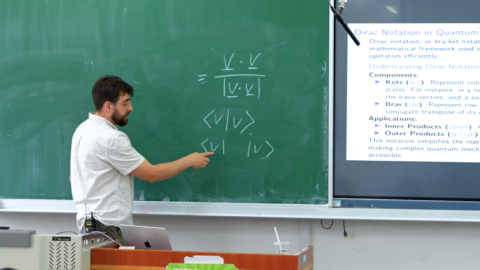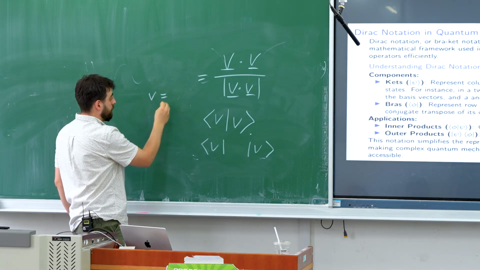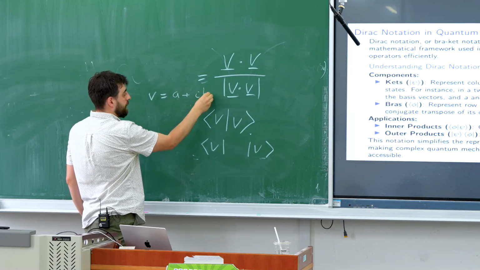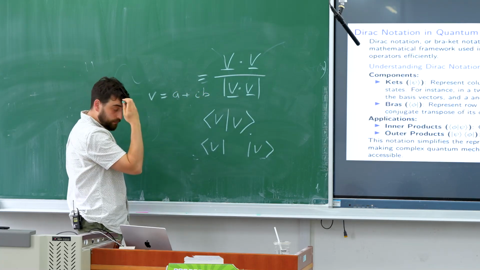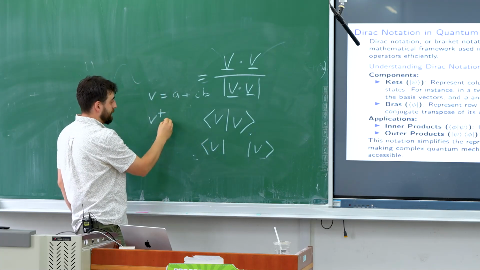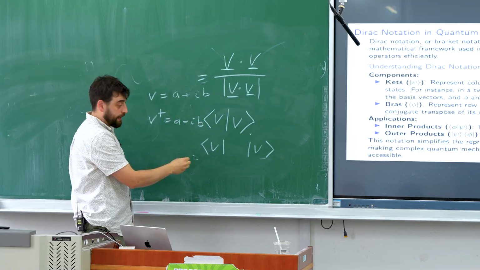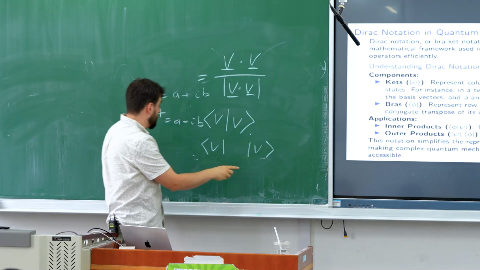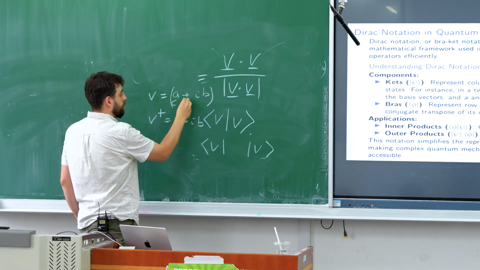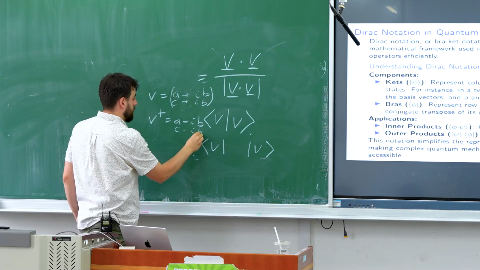So if these are complex numbers, say V is a scalar, and V is, let's say, a plus ib, a complex number. The conjugate transpose just means that if we have a vector with c plus ib, this becomes c minus ib.